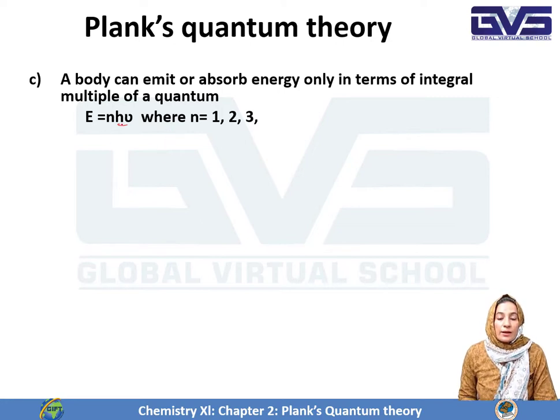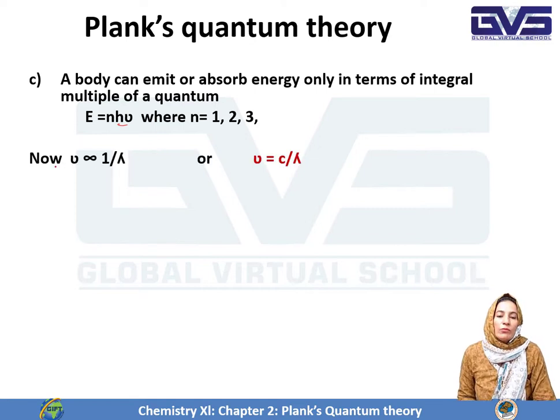So this wave packet, this energy, is an integral multiple, where n stands for 1, 2, 3, 4 and so on. If this is 1, then it is one quantum. If it is more than that, then double quantum, and they are called quanta. So basically the energy that is absorbed or emitted is in terms of integral multiples of a quantum.